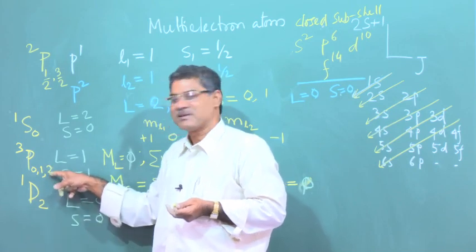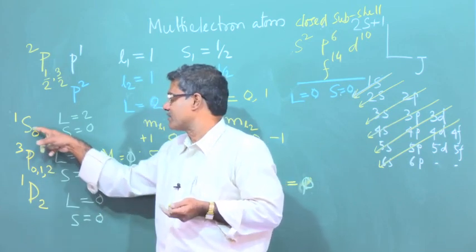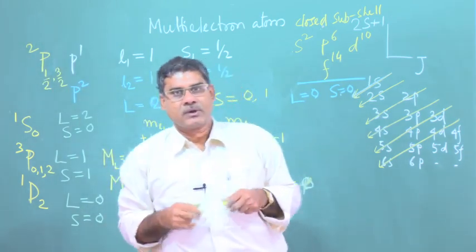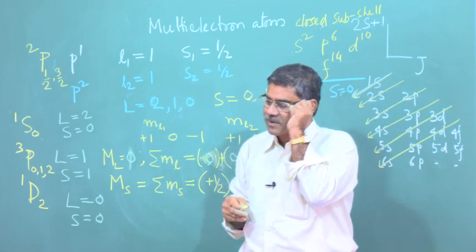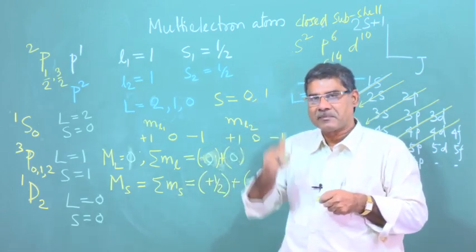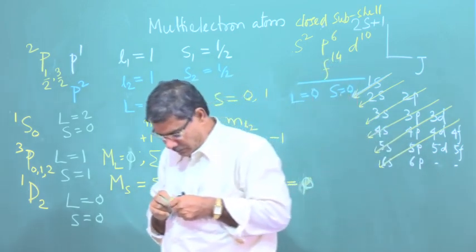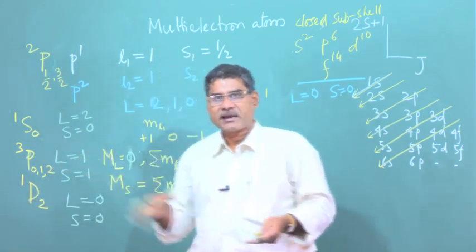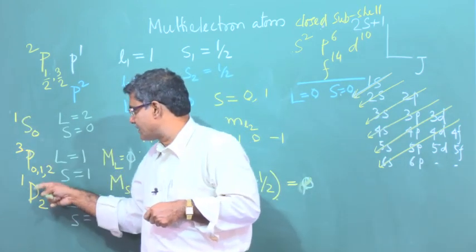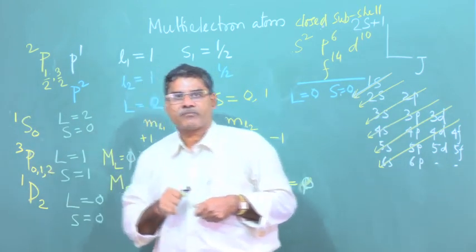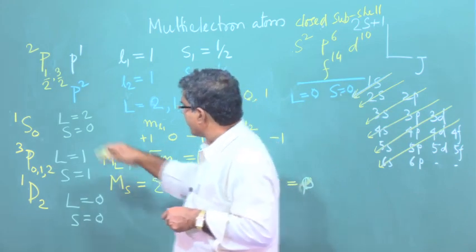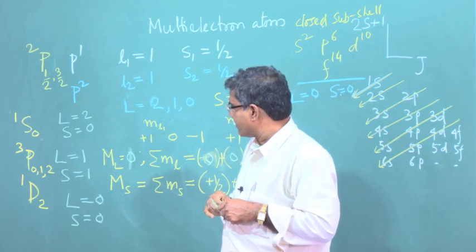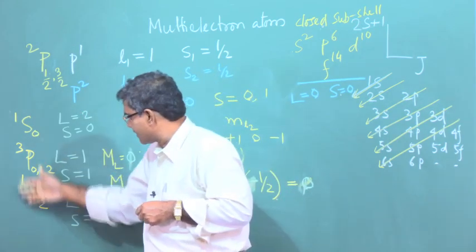In case of S you could say it is 2, but since it is only in the S orbital, it has only one term. So, this tells the multiplicity, how many terms are there, okay. So, for P2 we have found these are the terms, okay.